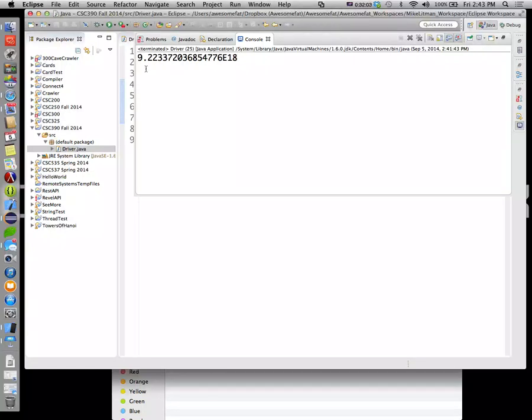So plus or minus 9.2234 quintillion is the size of a long. So we're safe going to 64-bit numbers as long as we can't do that many guesses in a second.